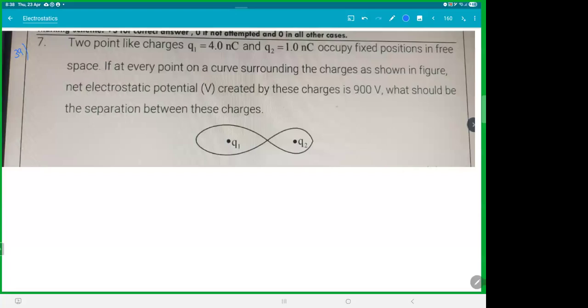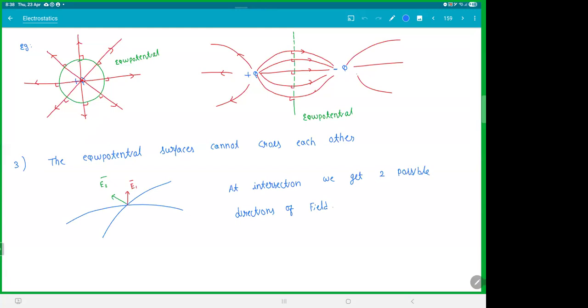Didn't I just contradict my statement that two surfaces cannot cross? So you have to go back to the reason again. What was the problem when they started crossing each other?